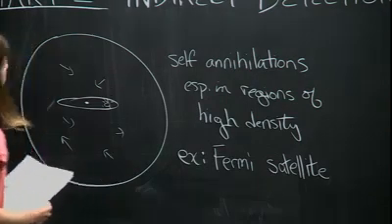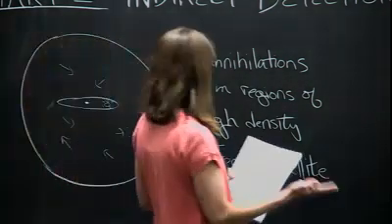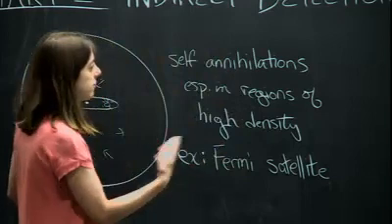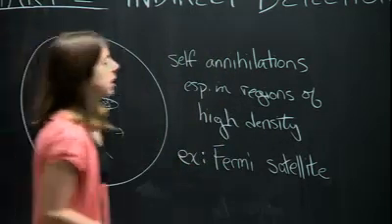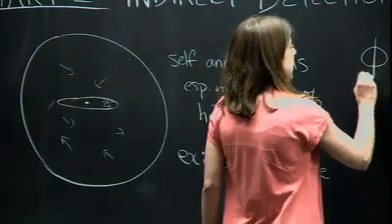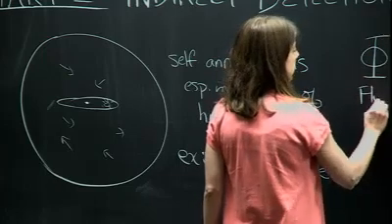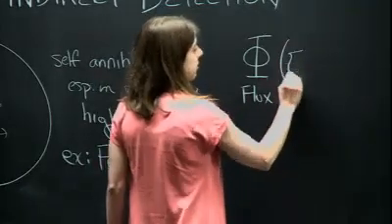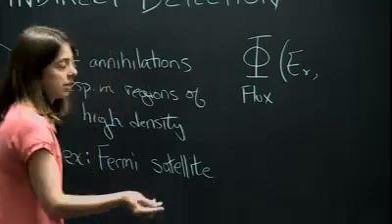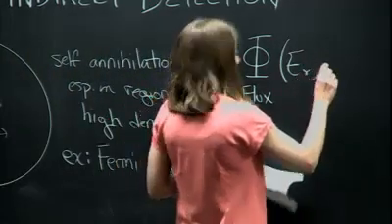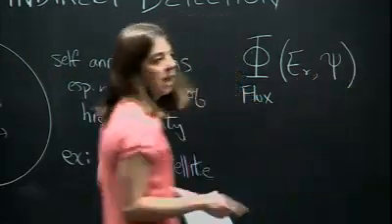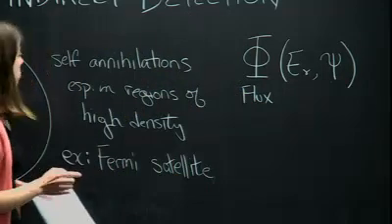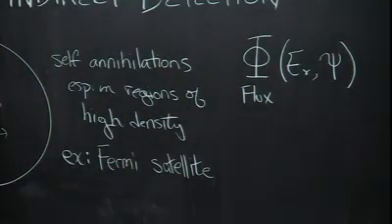So what do you actually measure in this case? What you're looking for is a flux of gamma rays. The important quantity is this flux as a function of the energy of the gamma ray and the direction in the sky at which you're seeing it. One thing you hope to do with these experiments is to reproduce the spectrum of the annihilation products as well as the spatial distribution on the sky.